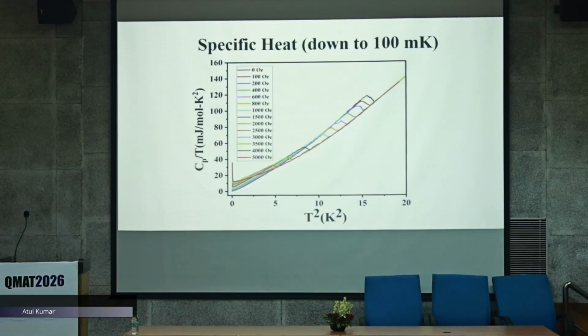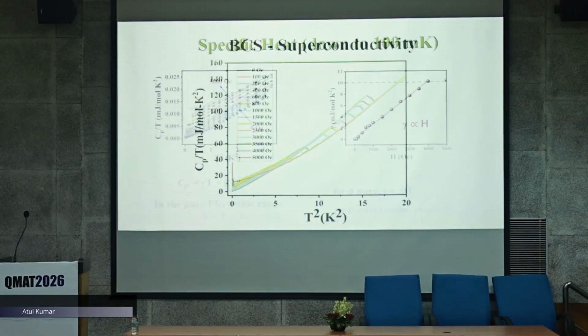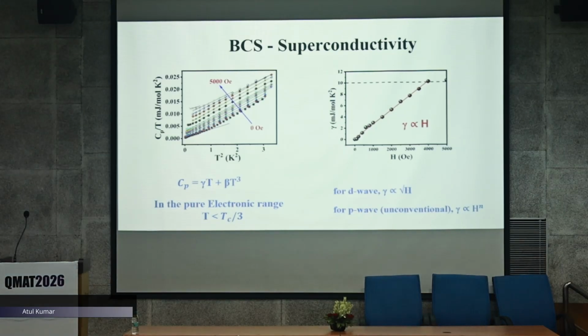This is the specific heat data under various magnetic fields down to 100 millikelvin. We analyzed this system in the normal state and fitted it linearly with Cp equals gamma T plus beta T cubed to find the Sommerfeld coefficient gamma.